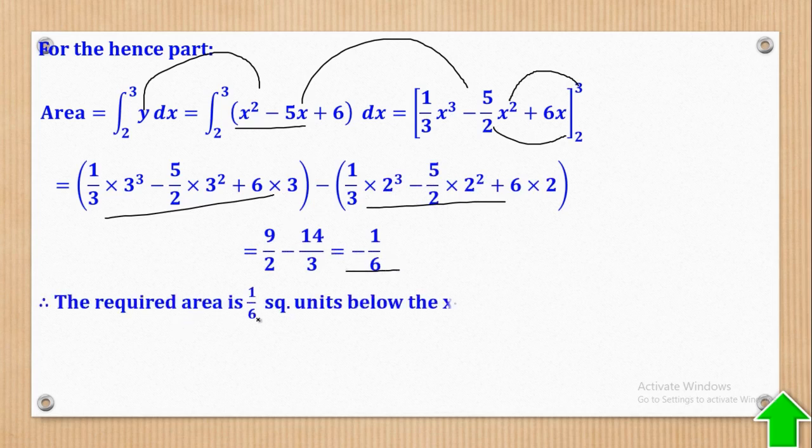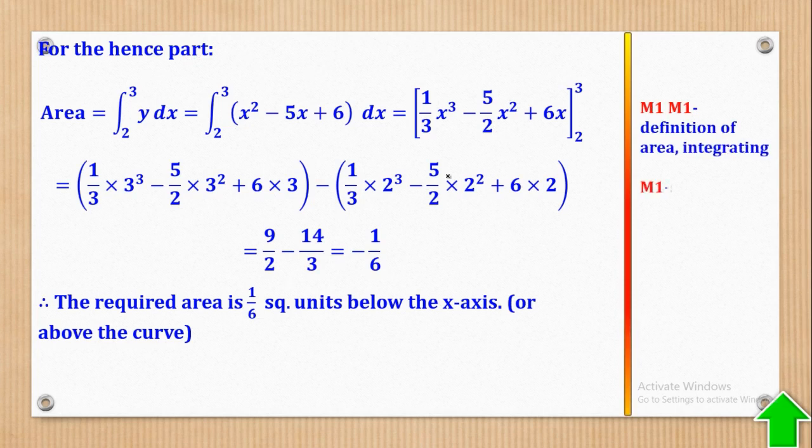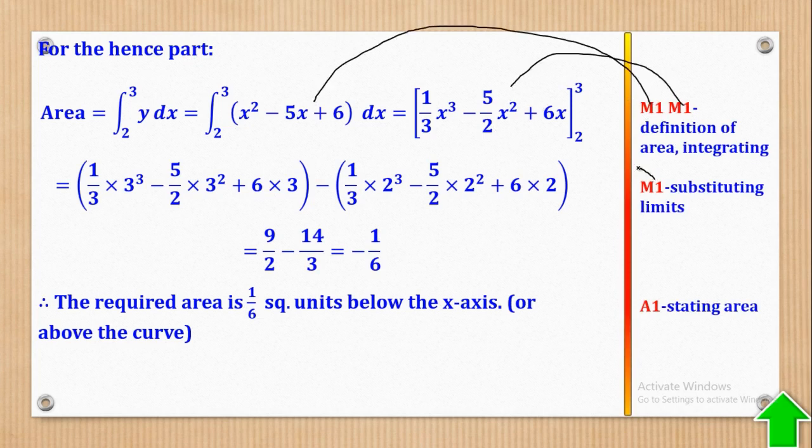It means that the required area is 1/6 square units below the x-axis or above the curve. So basically that is what they wanted. So M1 for this definition, M1 for integration, M1 for substituting limits, A1 for stating the area.